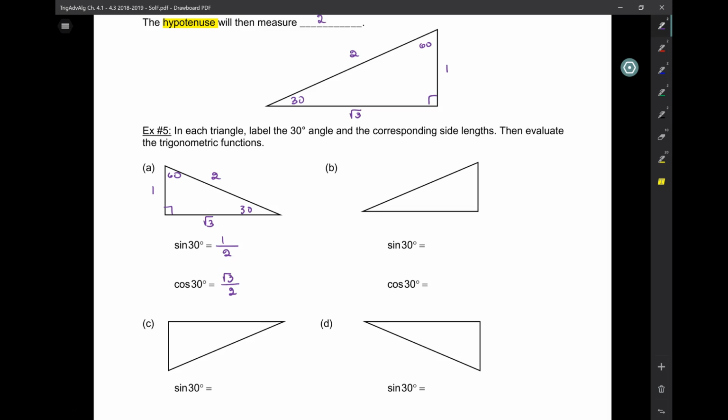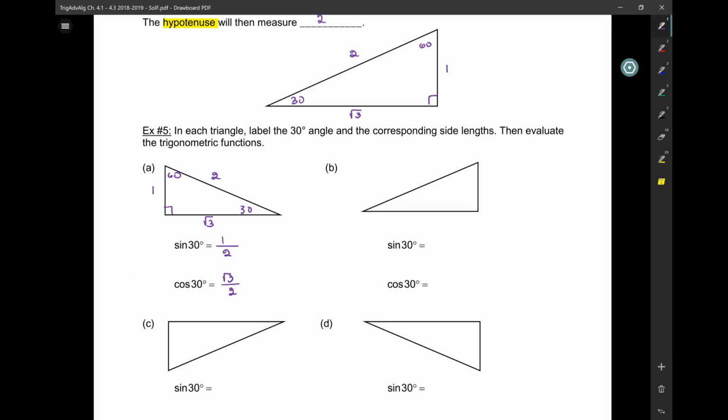So now we're going to label the angles. Again, the 30-degree angle is going to be that smaller looking angle. Wouldn't it be the same for every single one? It would. So that's the point of this: very quickly we figure out that it doesn't matter how you orient the triangle, the sine and the cosine of 30 degrees are always going to be the same.